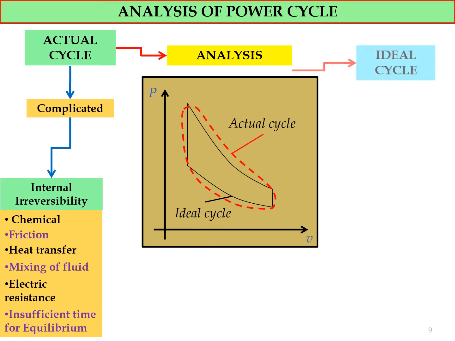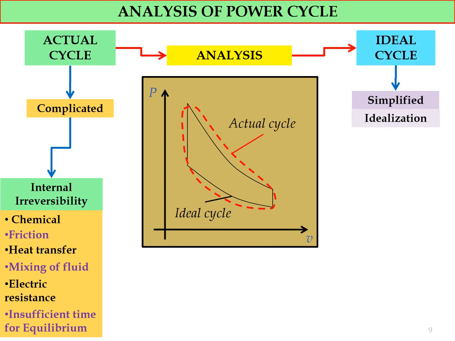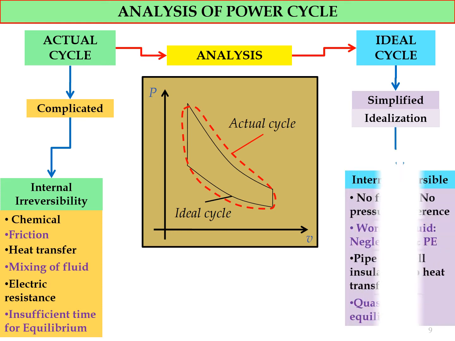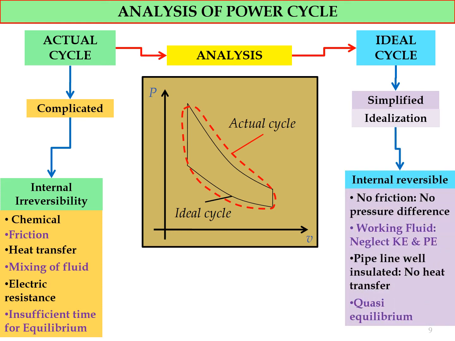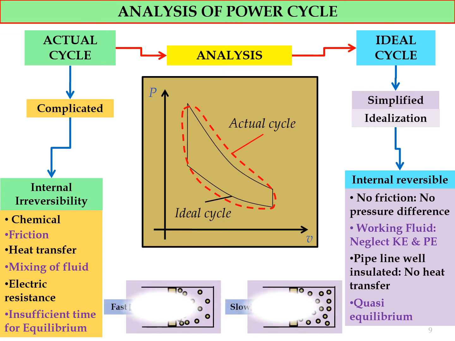However, for the analysis, we use the ideal cycle. In the ideal cycle, we simplify by assuming that the system is internally reversible, no friction, no pressure difference, the kinetic and potential energy of the working fluid is neglected, the system is completely insulated, and the process happens in a quasi-equilibrium process.